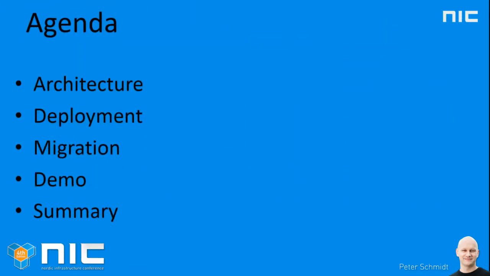The agenda for my session today is the architecture of modern public folders and how we deploy these new modern public folders, either if it's on-prem, Exchange 2013, or how we access them in Exchange Online, if that's the way we want to go. And then the migration part.